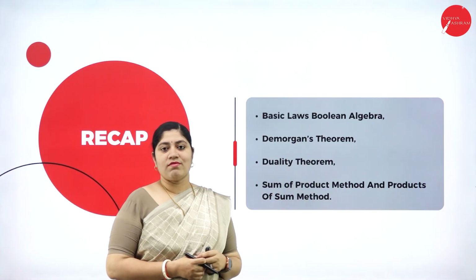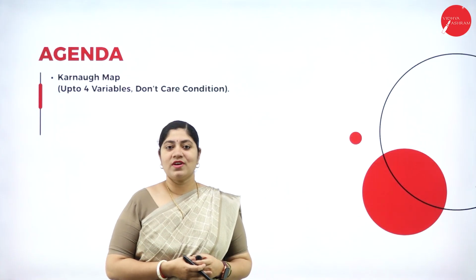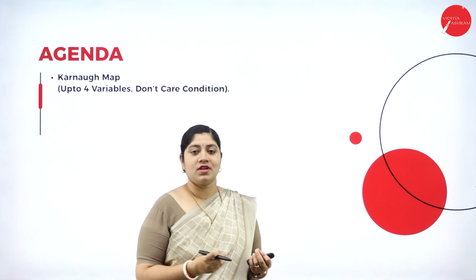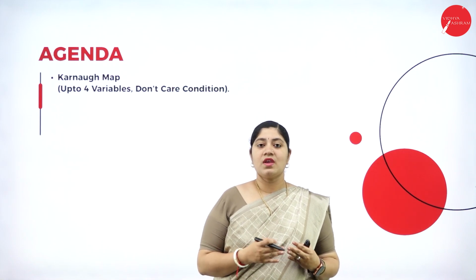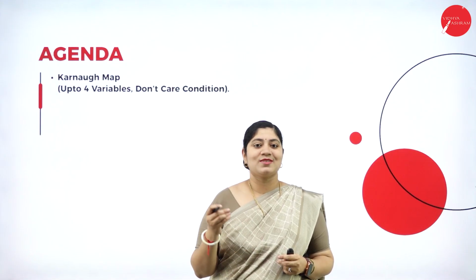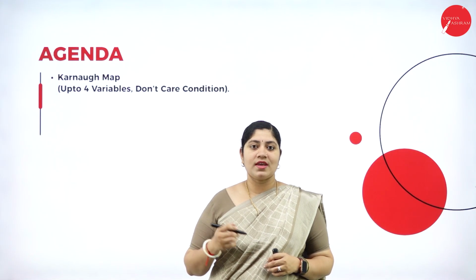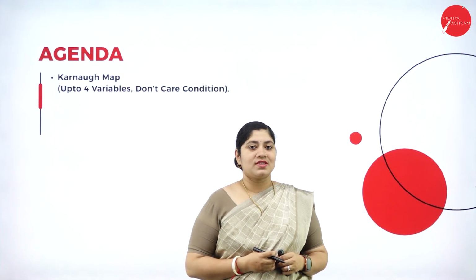All these things we completed in session 1. Heading forward, in today's session we will be learning K-map, up to 4 variable K-maps, and also we will discuss the don't care conditions that are used in order to simplify expressions using K-map. So this is all about today's session.